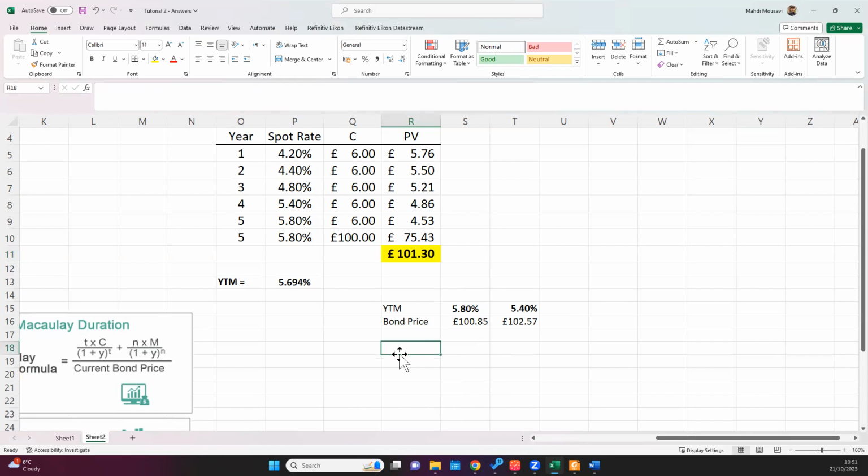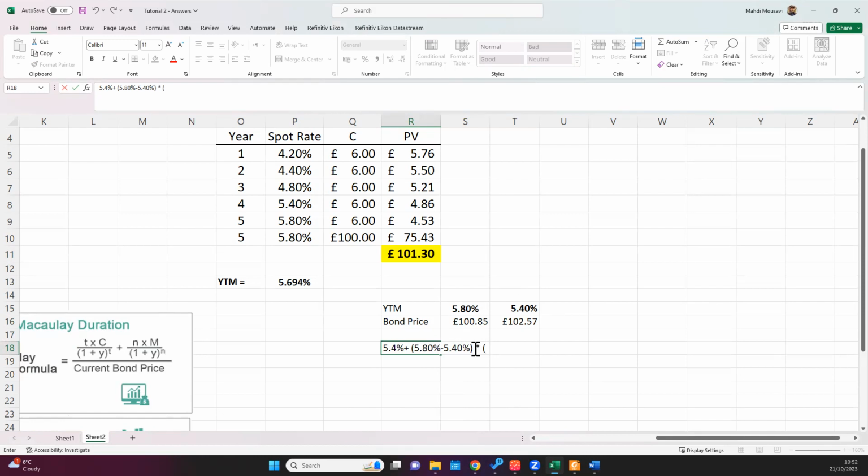And the technique suggests that start with the lower rate, which is 5.40, plus consider the gap between these two rates, which is 5.80% minus 5.40%. So starting with the lower yield to maturity 5.40, the gap between these two, 5.80 minus 5.40, times.